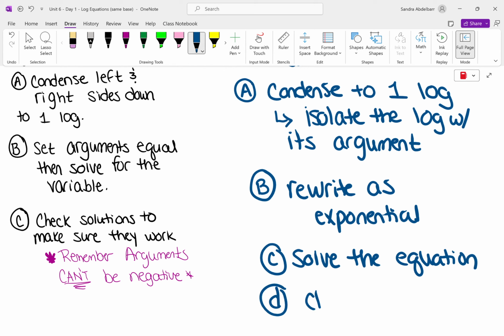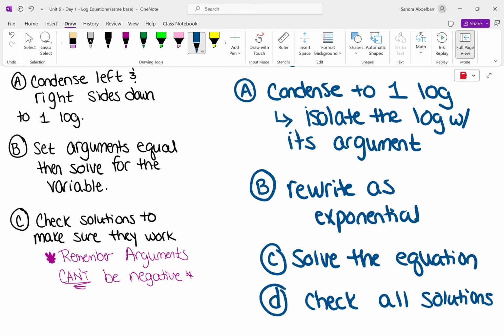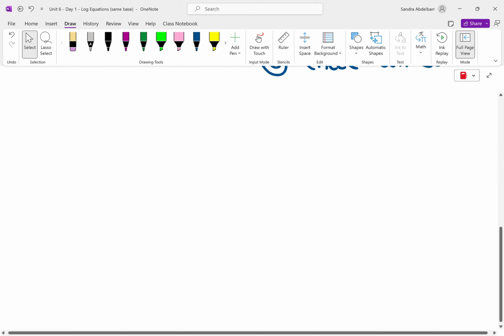And we still have to check all solutions. All right, let's do some examples.